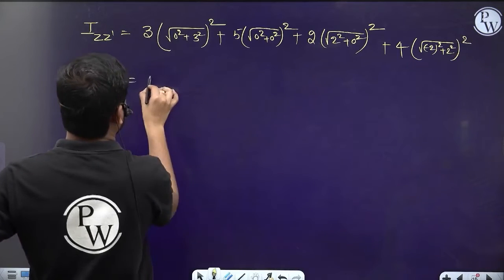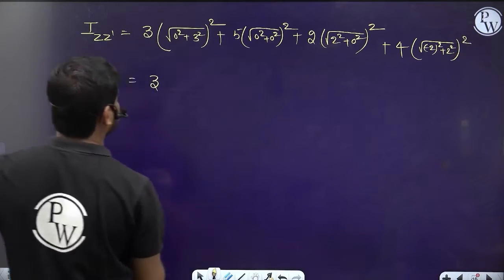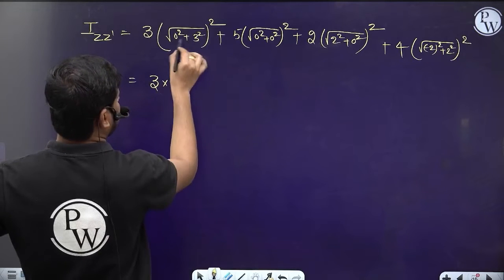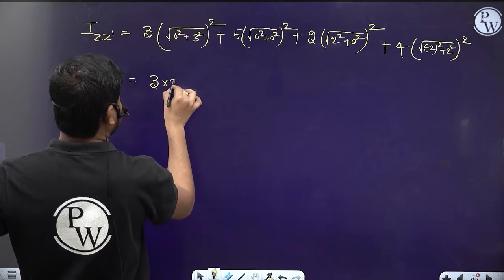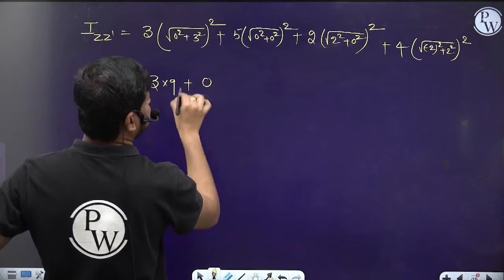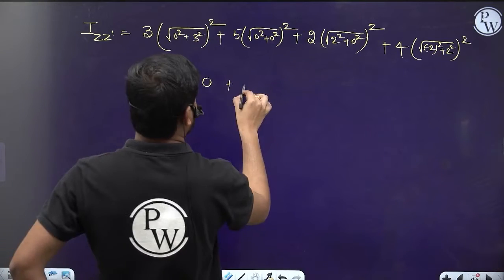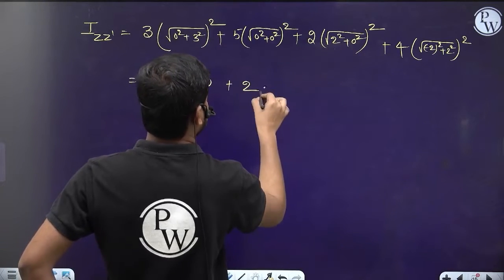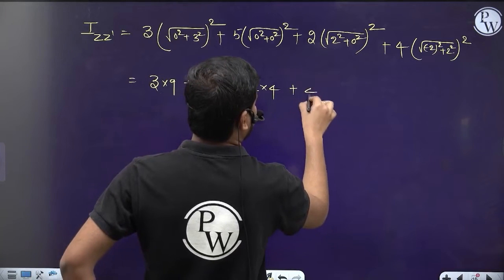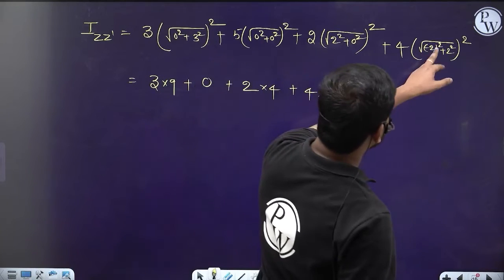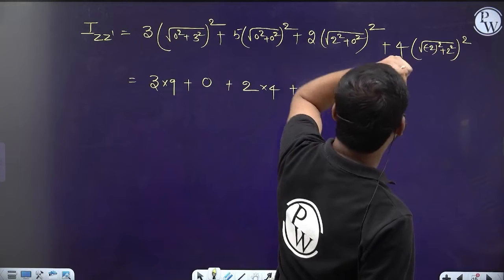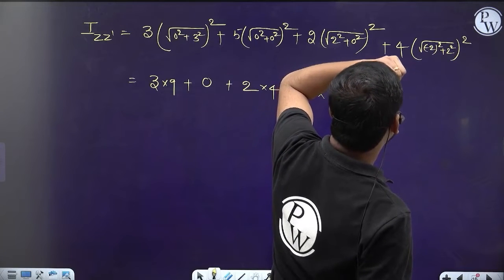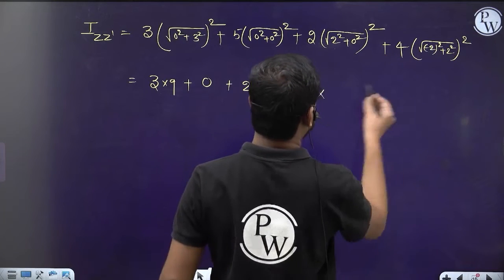So this is 3 into, root 3 whole square is 3, and 3 square is again 9. So plus the second one 0, and this one 2 into 2 square is 4, plus 4 into, here it is 2 square 4, so 4 plus 4, 8, root 8 whole square is 8.